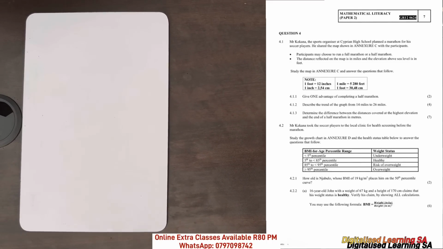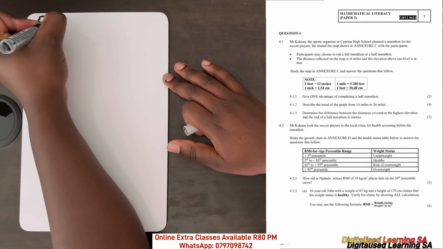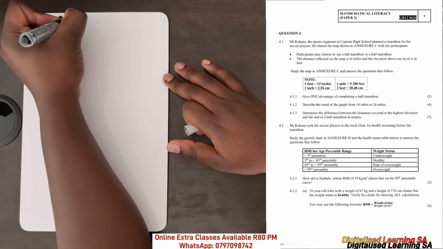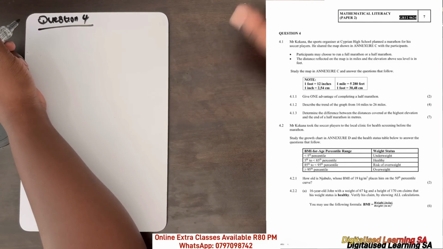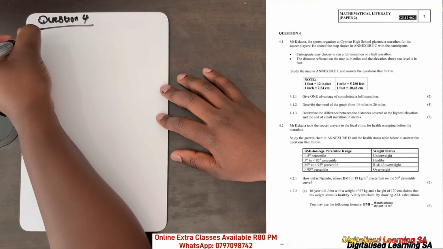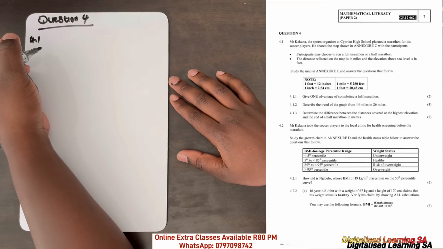In this video, we are going to start with question 4. So we will start with question 4.1. Question 4.1 says that Mr. Kekana, the sports organizer at Cyprian High School, planned a marathon for his soccer players.